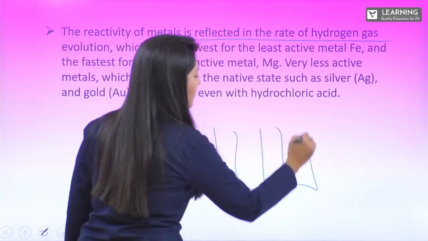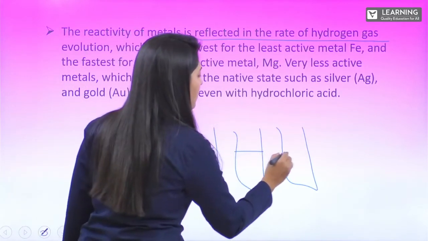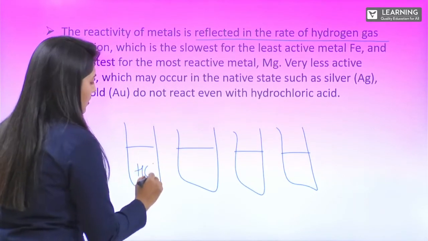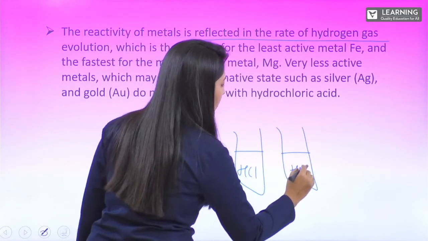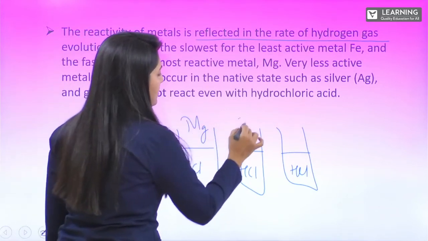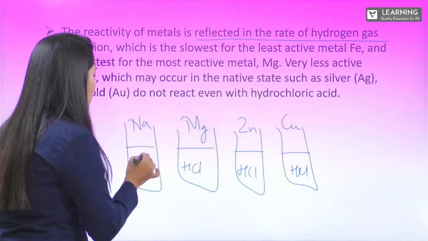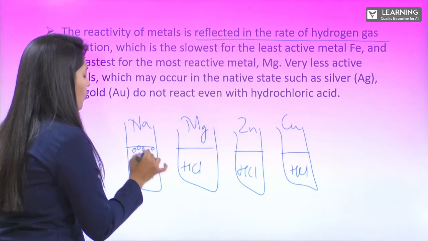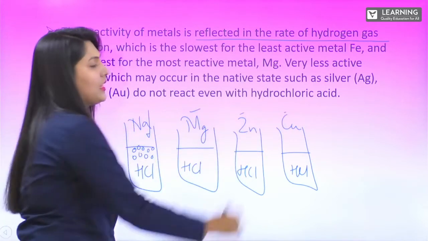If I take multiple beakers or containers, and in all of them I have the same molarity of the same acid, for example HCl, in the same quantity, and I add sodium, magnesium, zinc, and copper, then the hydrogen liberated will be faster with sodium compared to magnesium, then zinc, then copper.